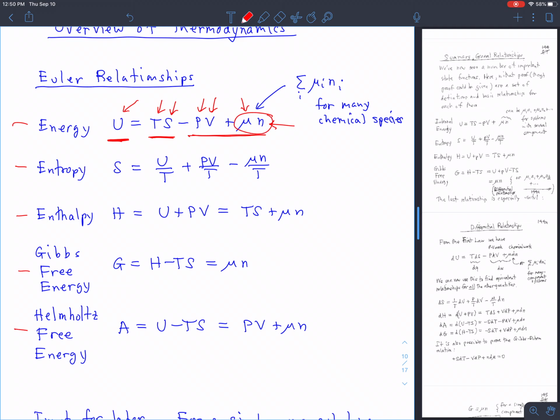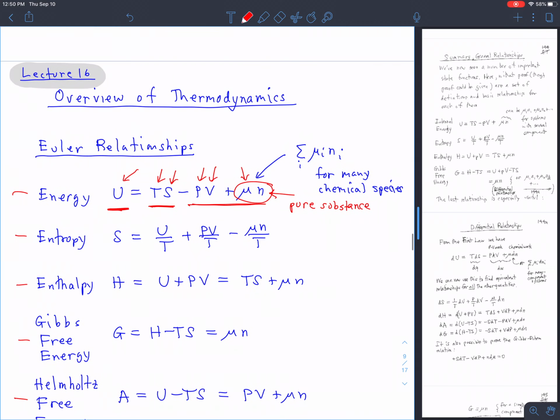This term at the end, the chemical potential times the mole numbers, is correct as written for a pure substance, for a system that has only one pure substance. If there's more than one chemical species present, then this single term should be replaced by a sum of terms that has one chemical potential for every species in the system.